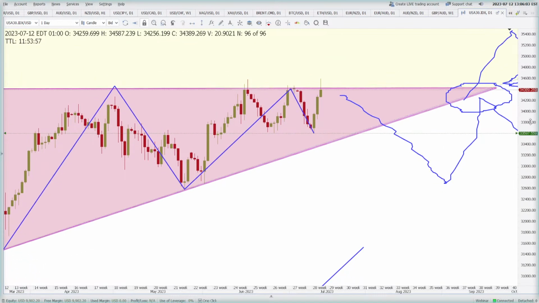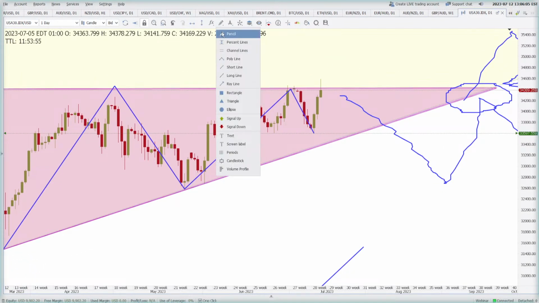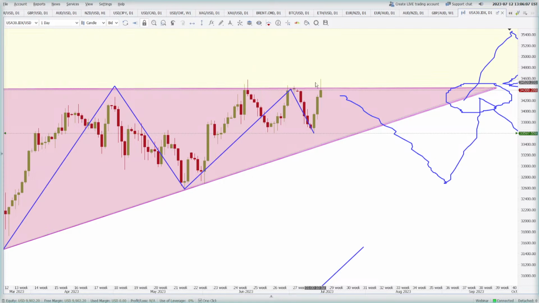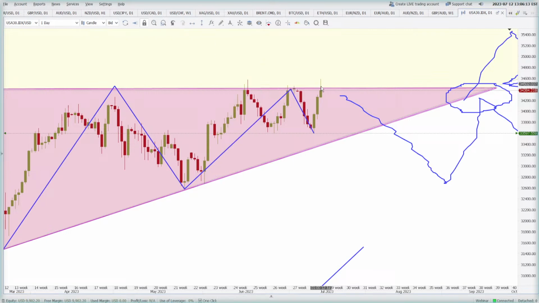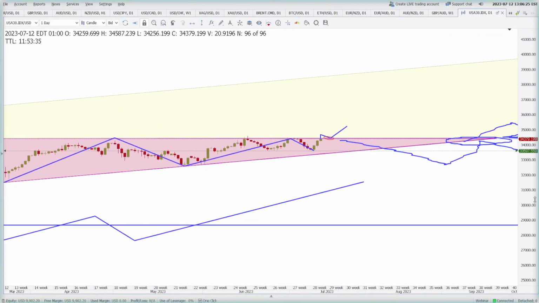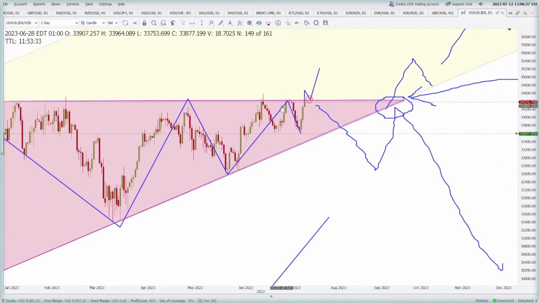But for some reason, if you see that the price breaks higher and closes the day higher, then, oh sorry, not this one, I wanted to check my polyline. So if it gives a close higher than this, then you should be looking at this area as the fresh support to open the buy positions here, with the targets on the upside which are not even there.